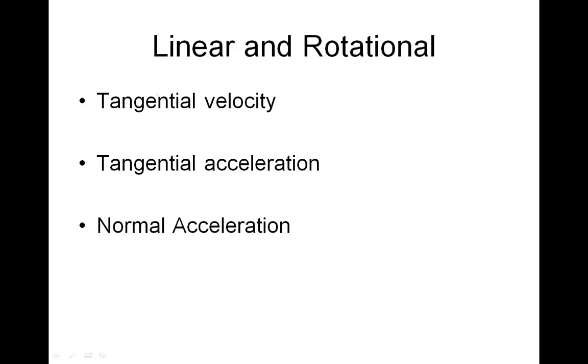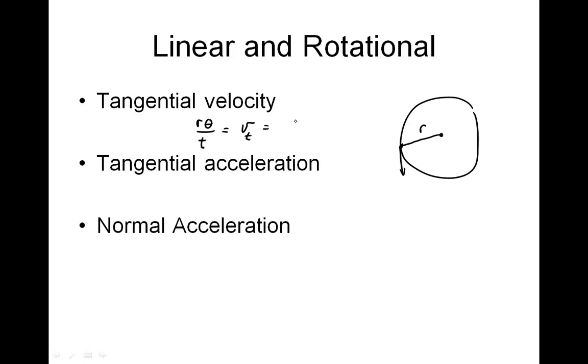So the tangential velocity, let's just think of an object on a circle. Tangential velocity of that object would be its linear speed. And if I'm a distance r from the axis of rotation, well, distance equals rate times time. So if the distance is the arc length, r theta, and it takes a certain amount of time to go through that r theta, so that would be divided by some time, this would be the tangential velocity.